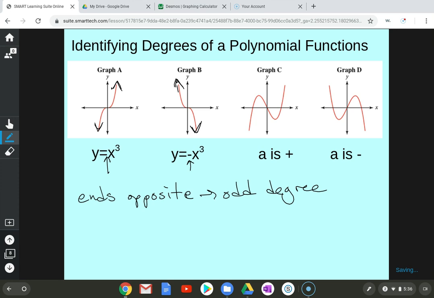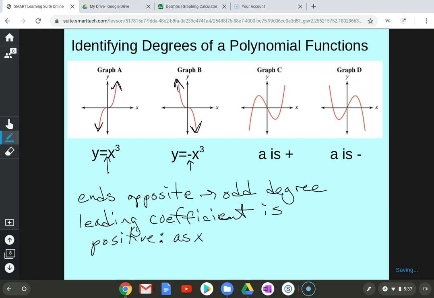So if our leading coefficient is positive, that means as x approaches infinity, y approaches infinity.